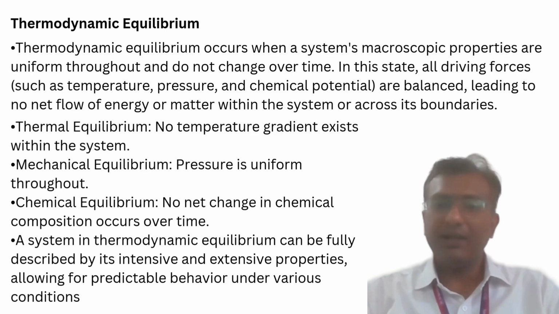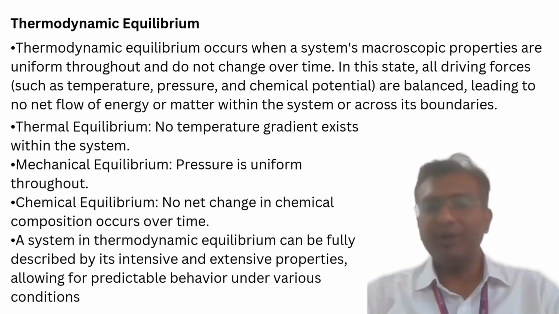Similarly, if there is a pressure difference, the system will adjust through expansion or compression until mechanical equilibrium is restored. The concept of thermodynamic equilibrium is fundamental because many thermodynamic analyses rely on the assumption that systems are either already in equilibrium or that they move from one equilibrium state to another during a process. This allows us to simplify the calculations and make meaningful predictions about how a system will behave.